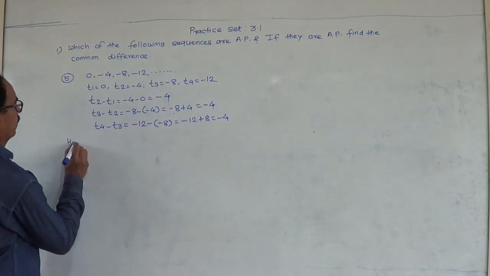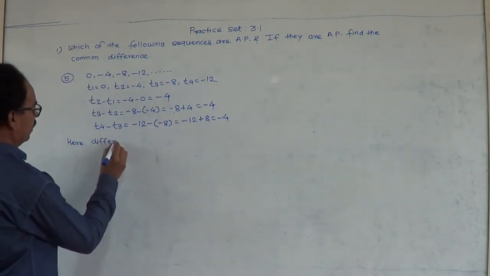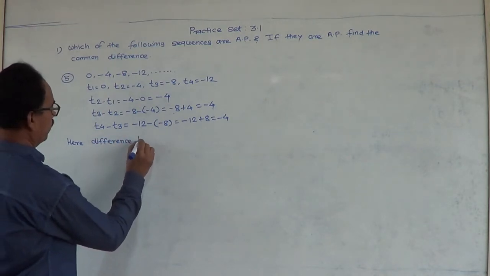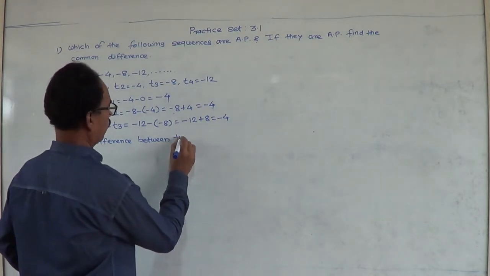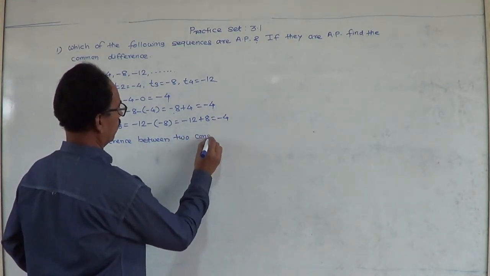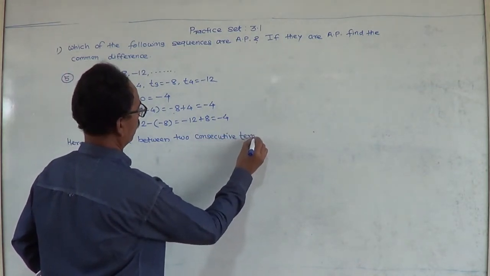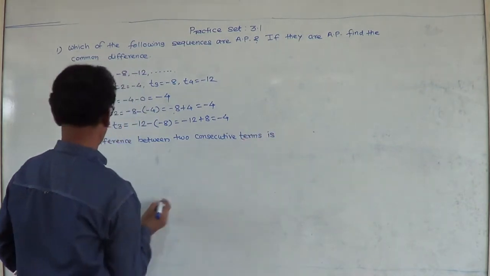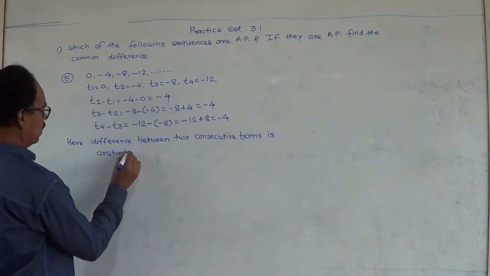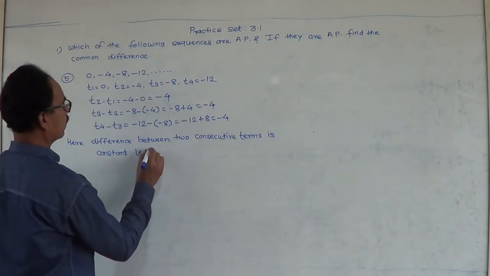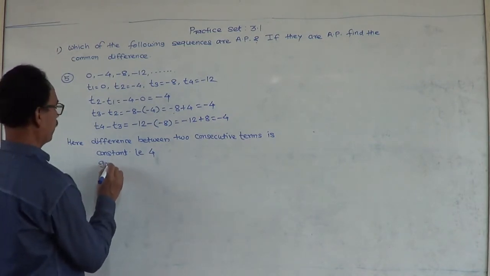Here the difference between two consecutive terms is constant, and so the given sequence is AP.